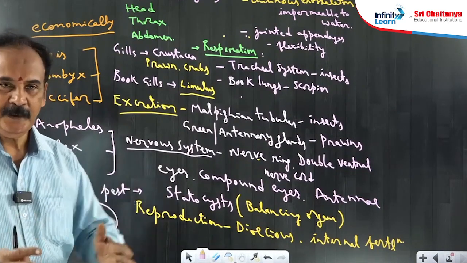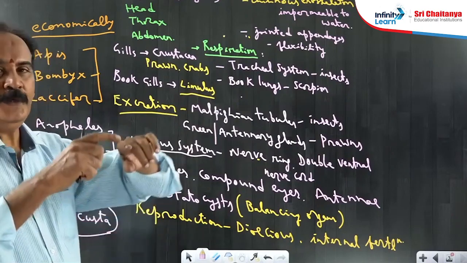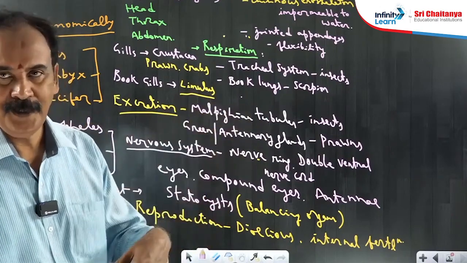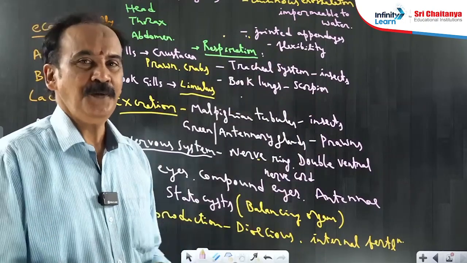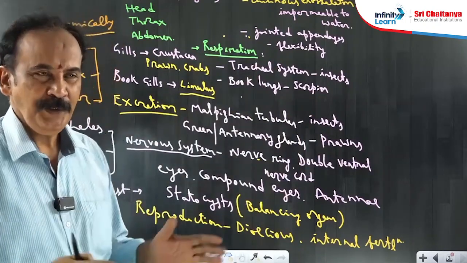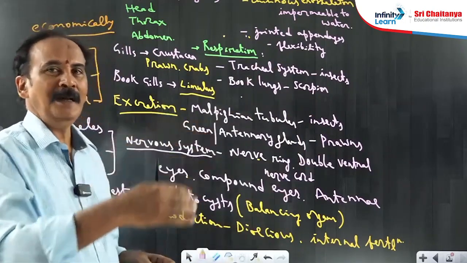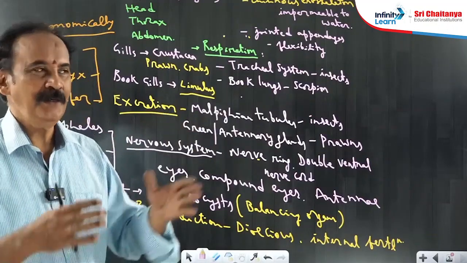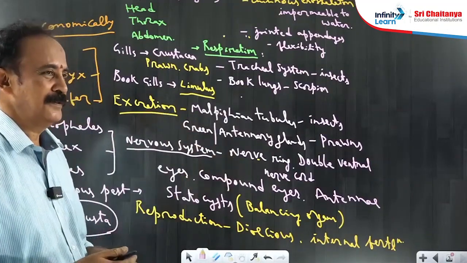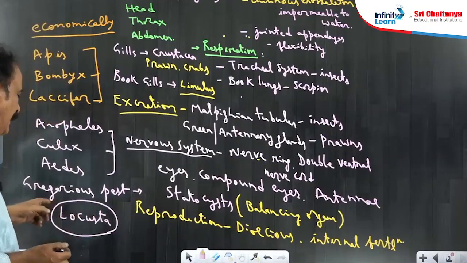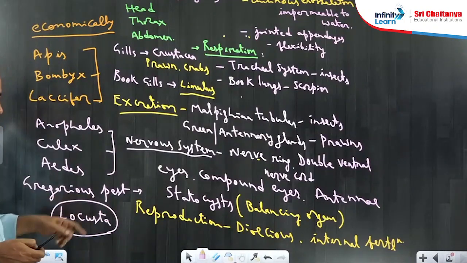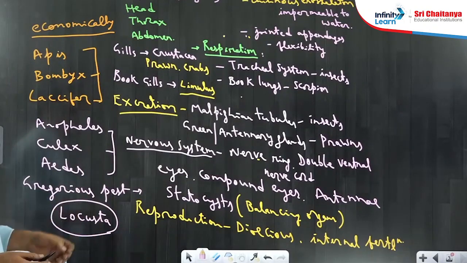Locusta is a gregarious pest. Gregarious means they move in very large numbers and they cause lot of damage to the crop. Within a short period, they can make the plant leafless or they can make the plant naked. Right? So that is the insect called Locusta, which is a gregarious pest.